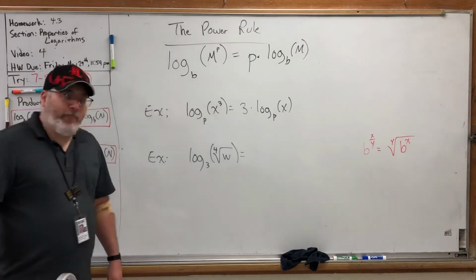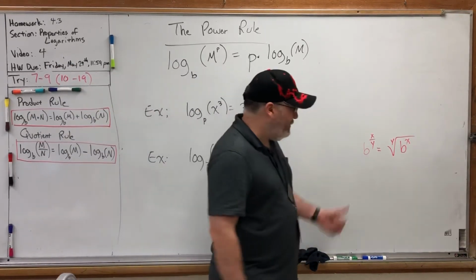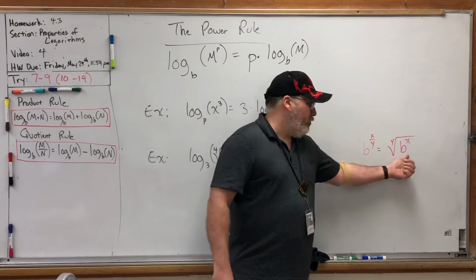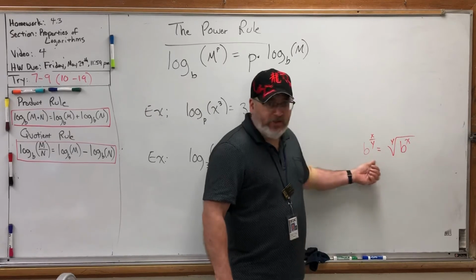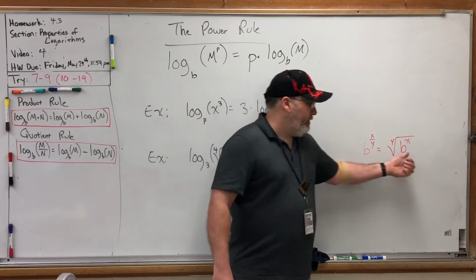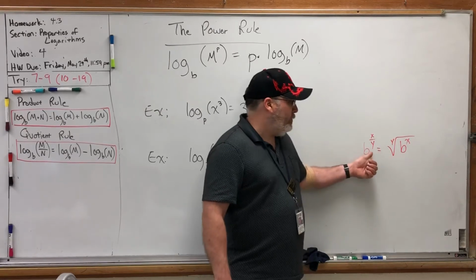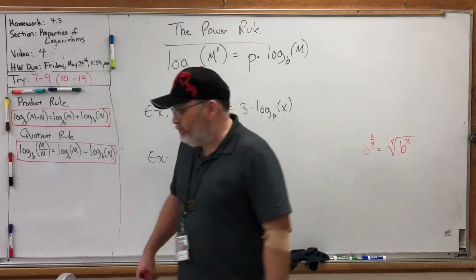I need to think of it as a power. And by the way, I think I've said this before, but for those of you heading towards calculus, you have to be able to go between these two fluidly and seamlessly without even thinking twice. Because when you do calculus, the rules for calculus are based on powers. So anything that's a radical has to be turned into a power first.